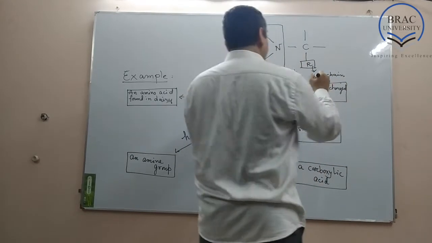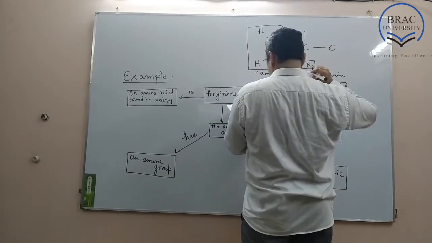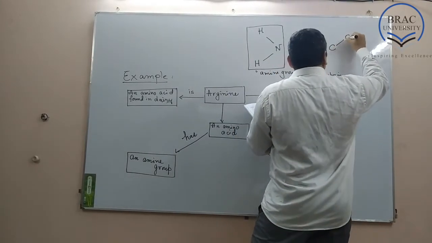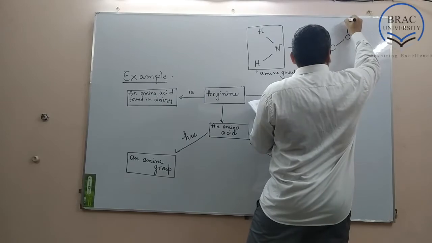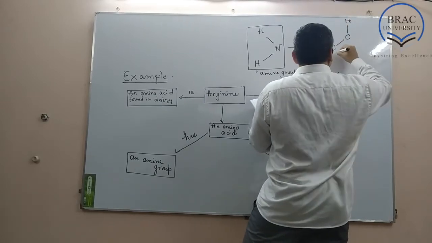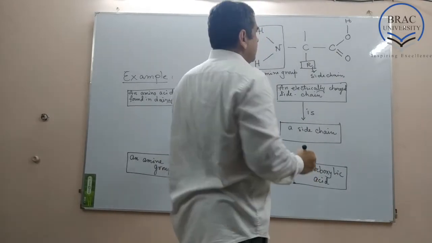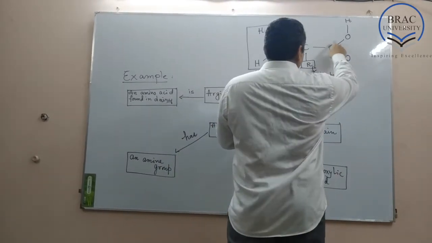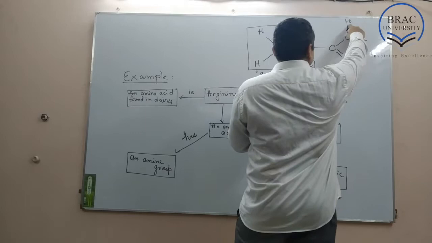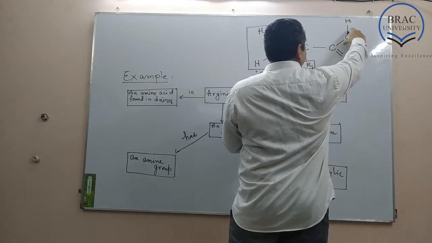And to the right there is another carbon, oxygen, and another oxygen here. The carbon has 4 valence bonds, everything checks. Hydrogen has only 1 valency, oxygen has 2 valency.